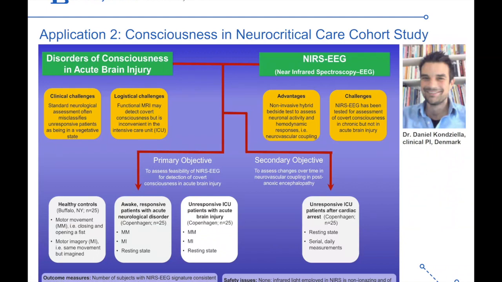These are brain injury patients, primarily cardiac arrest patients who are non-responsive. This is a clinical challenge because a lot of these patients get misclassified as being unresponsive and in a vegetative state. So we wanted to see if we can use this technique.